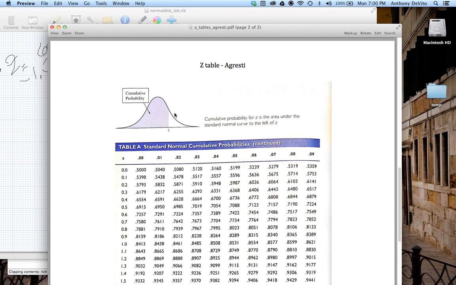That leaves how much above? 7% of the distribution. In other words, the probability of picking a random person from this distribution and finding out that the z-score for that person's value is greater than 1.5 is only about 7%. Less than 1.5 is about 93%.